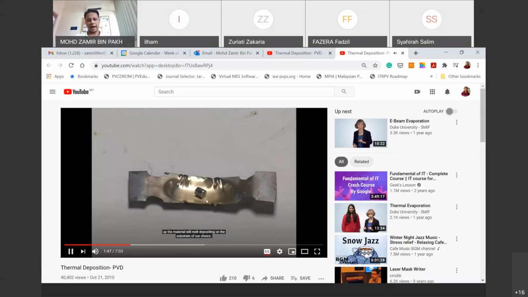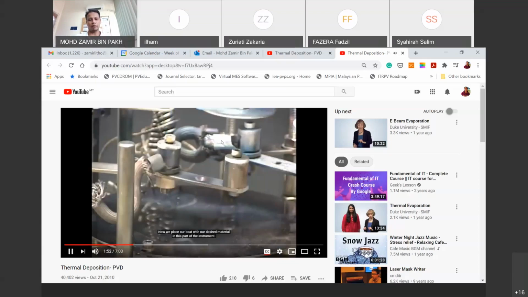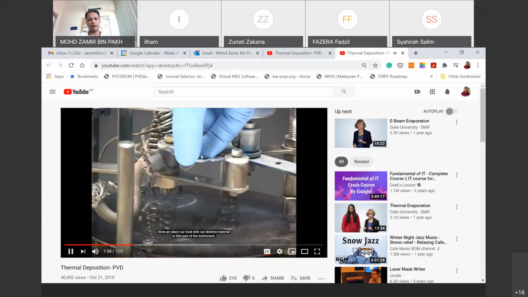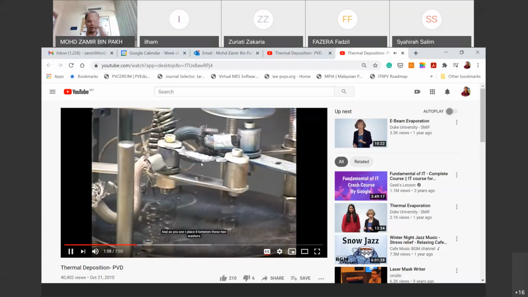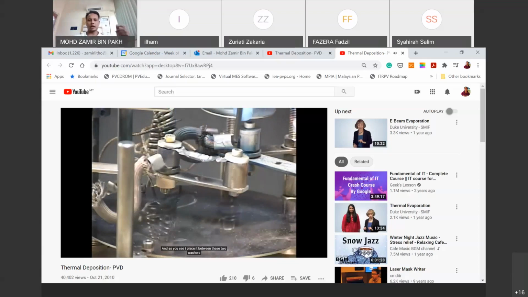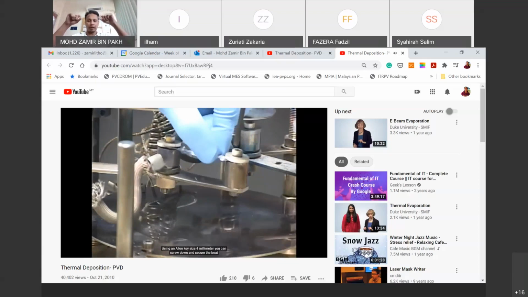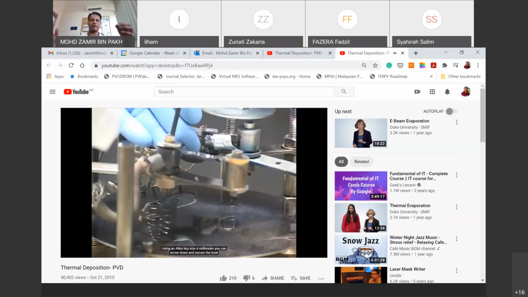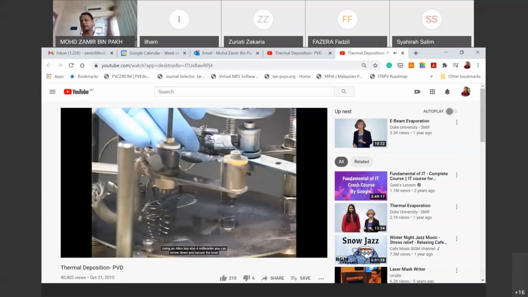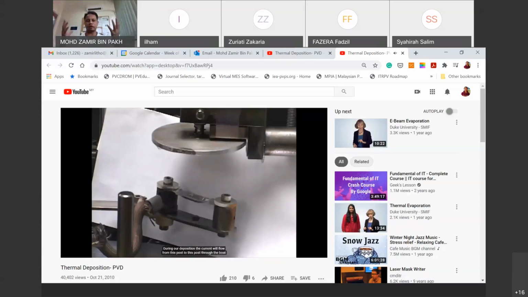So this is perhaps your aluminium that you've cut from wires. You put it there, and then you screw it in so that it's tight enough for the current to pass through later on. If it's loose, for example, if you have pumped down to 10^-5 and you turn on the current, you see nothing happening on the boat. You don't see any orange color.